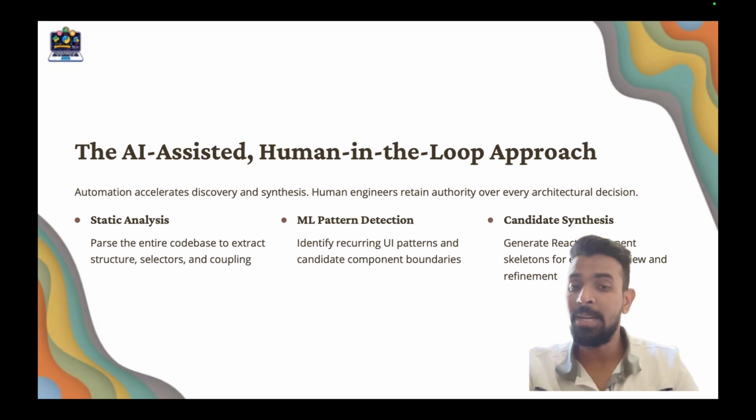Nothing is migrated automatically. Every recommendation is reviewed and approved by engineers before implementation. This creates the best of both worlds. AI accelerates analysis by processing large code bases quickly, while engineers apply their expertise to make the final decision.